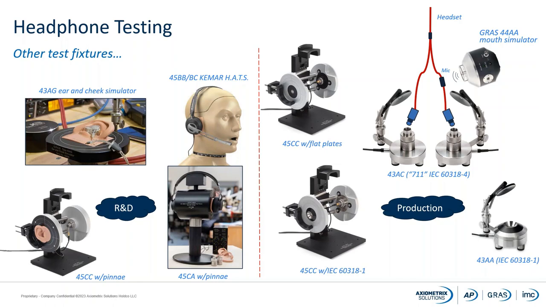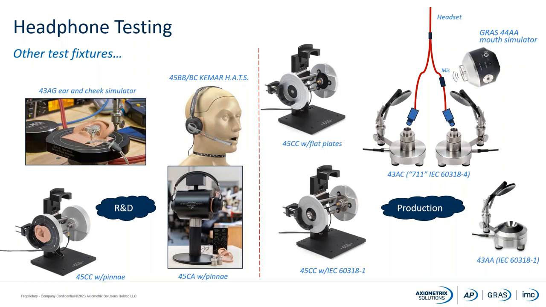When you are developing new headphones, then it's a good little bench tool for doing a lot of easy tests. It's the same type of ear simulators you have there, and it's the same type of pinners you are using. And the 43AG is actually also available in a version where you have the anthropometric pinner.